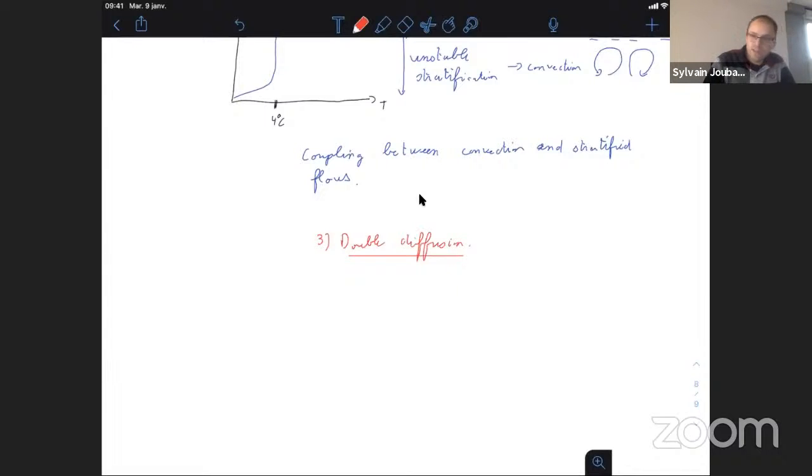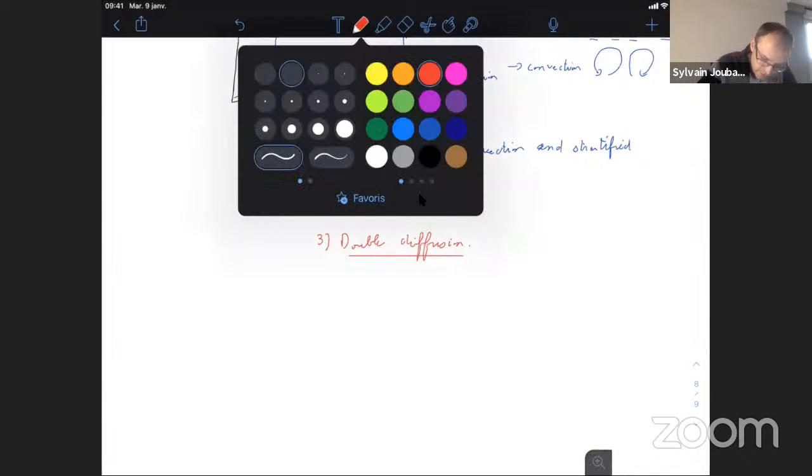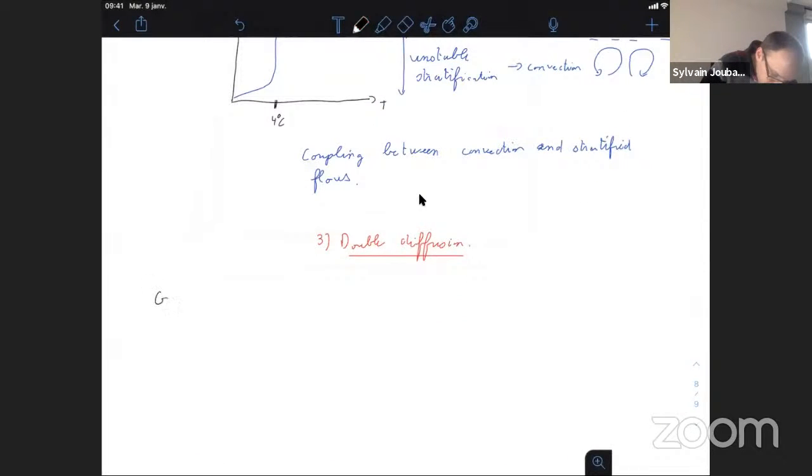I think you have seen a coffee cup with this double diffusive mechanism. I will show you a gravity current, which is a system where you have salt and temperature.